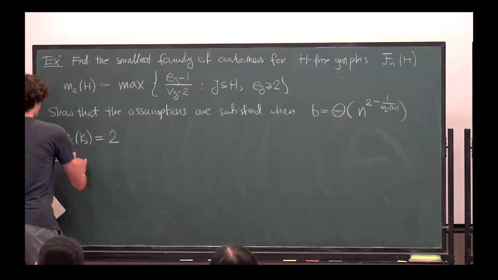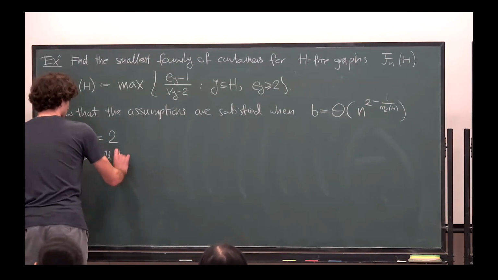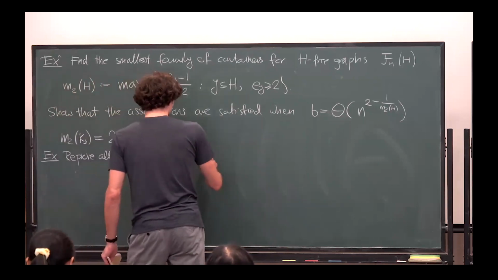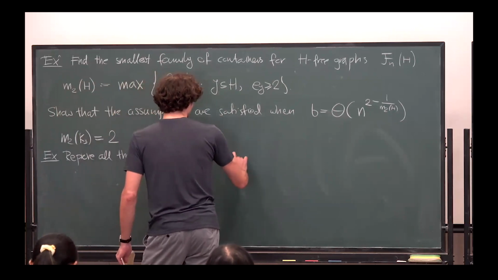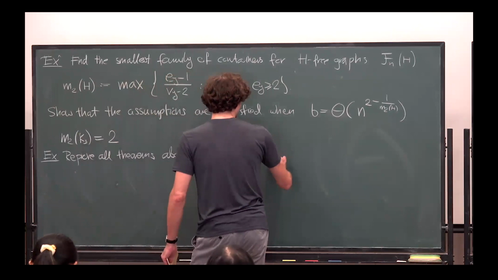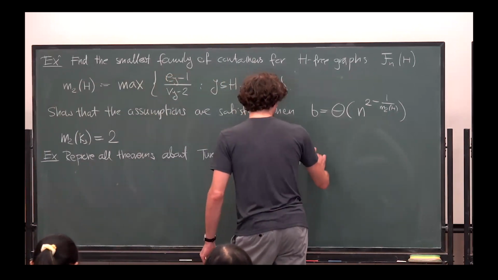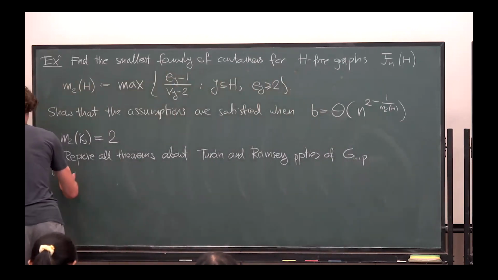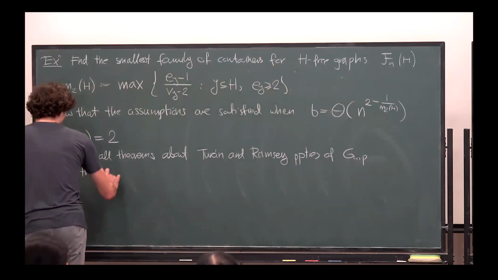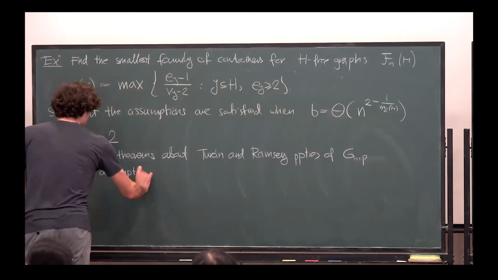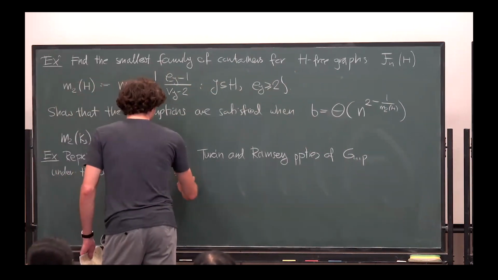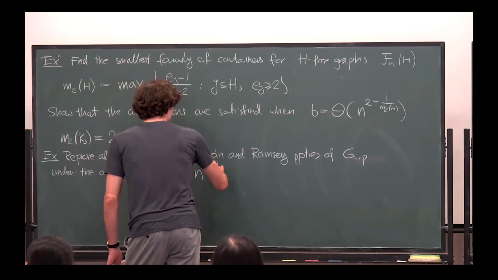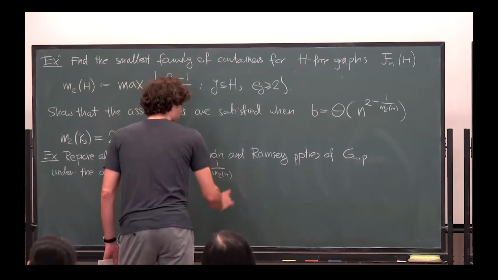So reprove all the theorems about kind of Turan and Ramsey properties of the random graph G(n,p) under the assumption p goes to 0 slower than n to the power -1 over the 2-density of H.